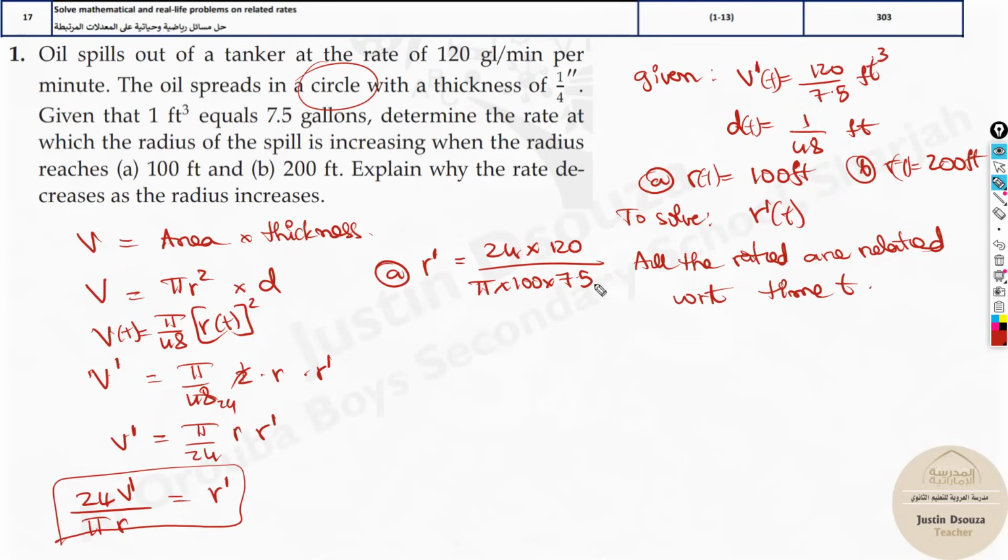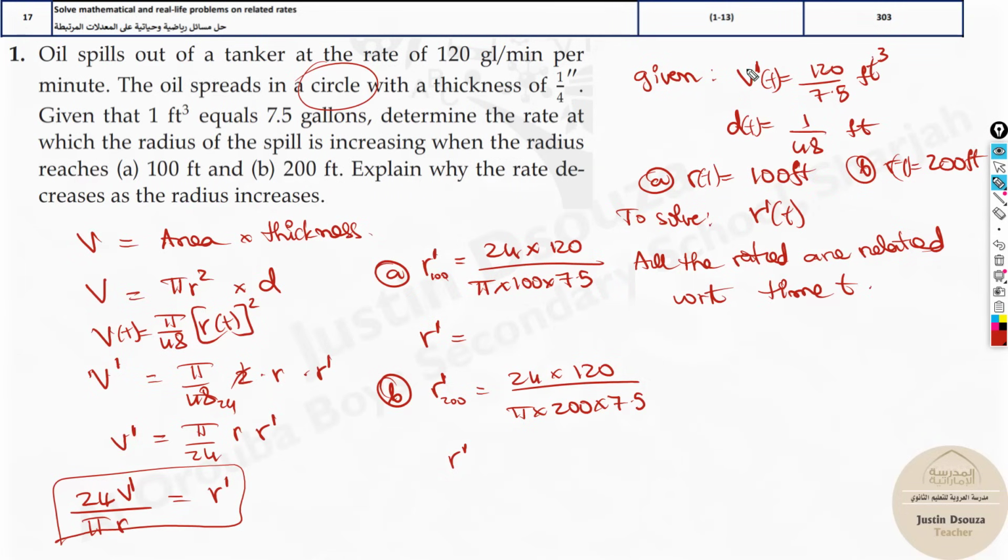Now r dash, just put it in the calculator and you'll get the answer. But before that, I'll just write the second one also. R dash over here, this is for 100, this is for 200. It's going to be the same thing, 24 into 120 by pi, but the radius here will be 200 instead of 100. Let's solve r dash as well.